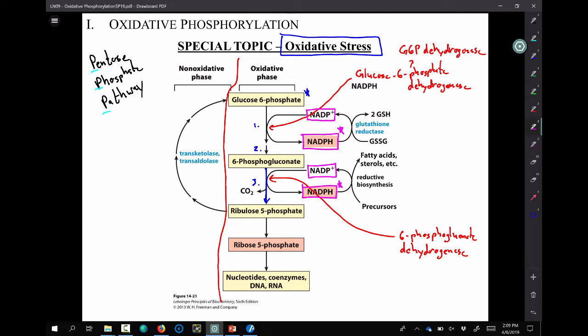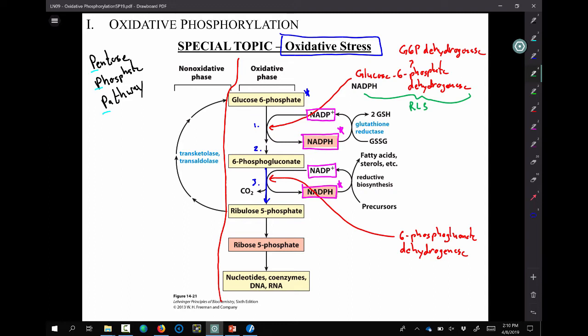Now the rate limiting step of this pathway, irreversible, is catalyzed by glucose 6-phosphate dehydrogenase. Now, in the first 3 steps of this pathway, you'll notice then that 2 moles of NADPH are made.